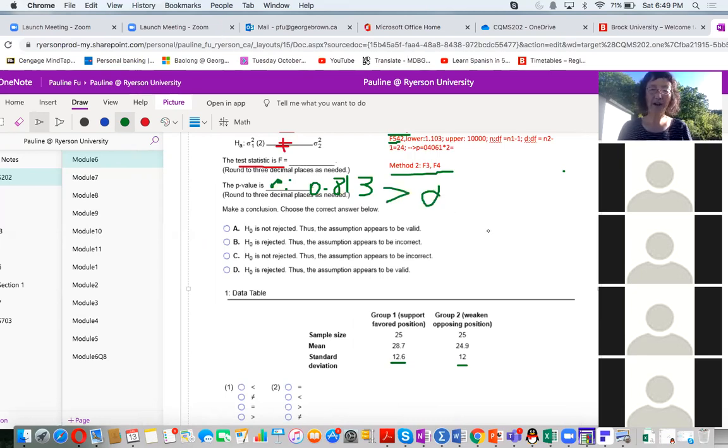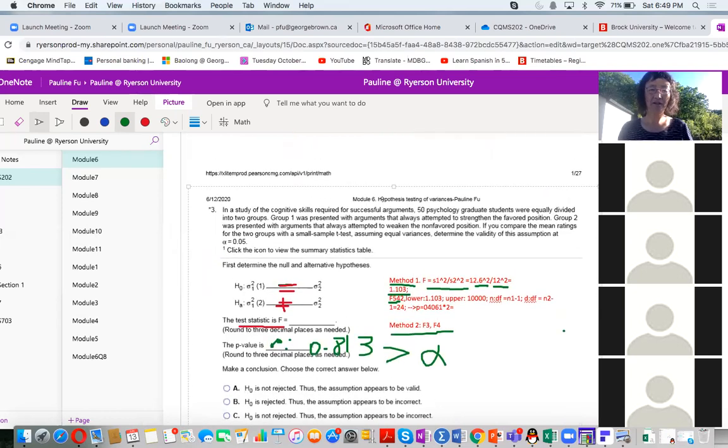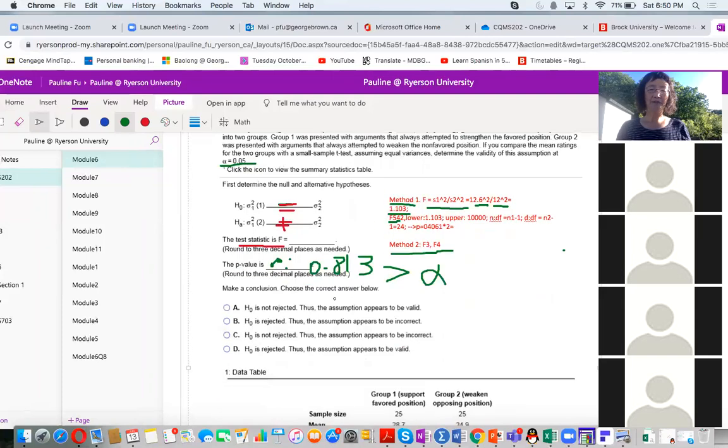So where is my alpha? Here, alpha is given, 0.05. When alpha is not given, usually people will use 0.05. So we conclude p-value greater than alpha, do not reject H0.